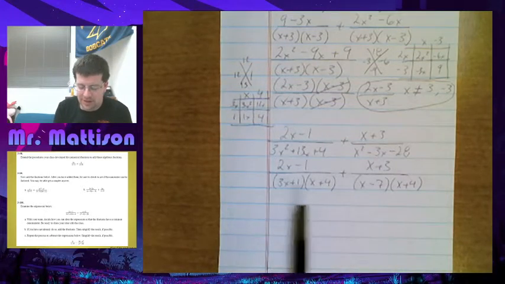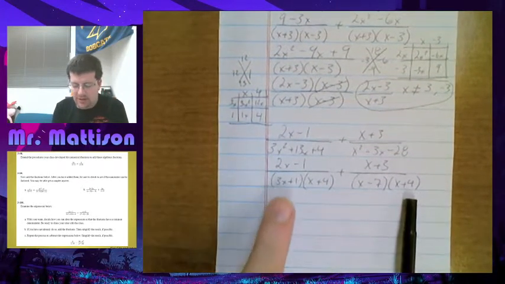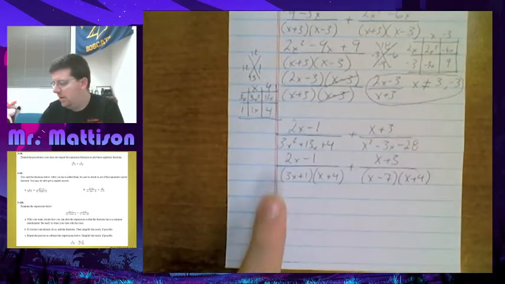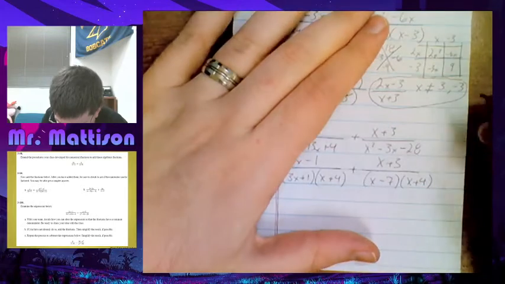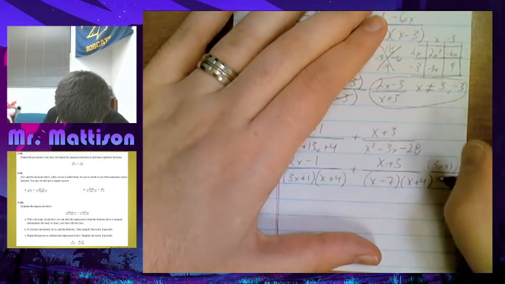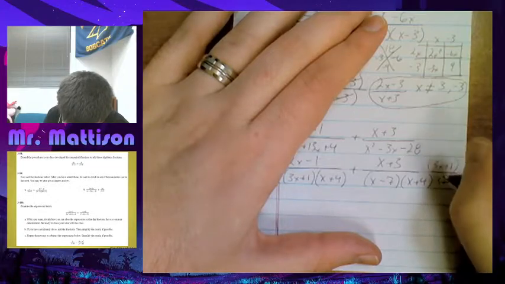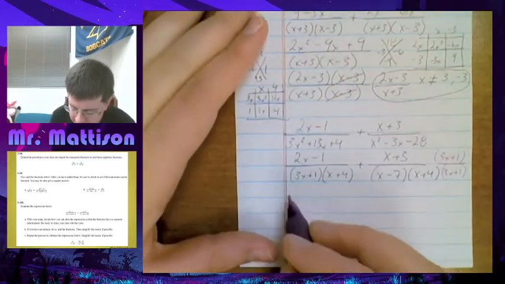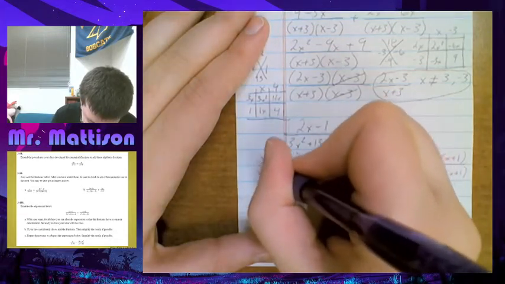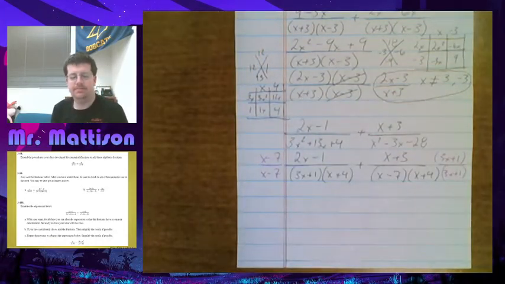I just need, this is missing the 3x plus 1, and this is missing the x minus 7. So all I need to do, multiply this side by 3x plus 1 over 3x plus 1, and this side by x minus 7 over x minus 7.